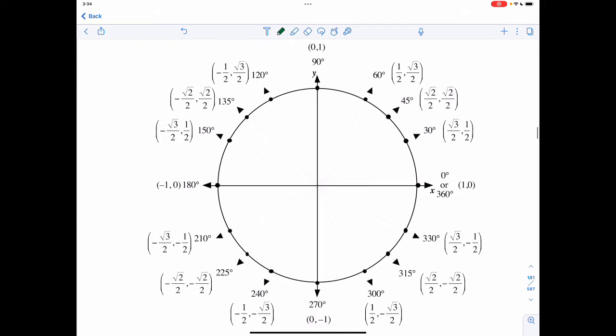Which means that as I'm filling out the unit circle, based on having the same reference angles, my pattern stays the exact same. I start with 1, root 3 over 2, root 2 over 2, 1 over 2, and go to 0.